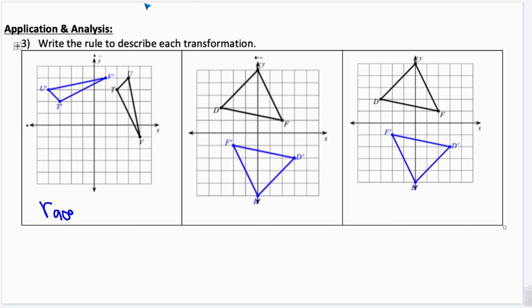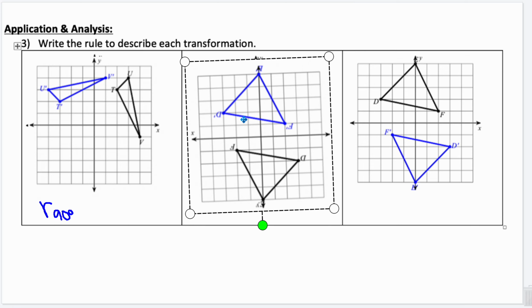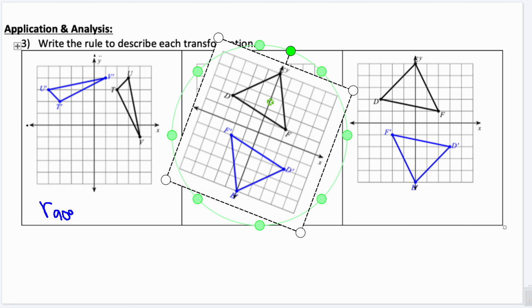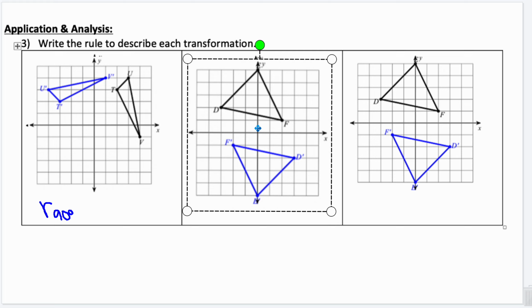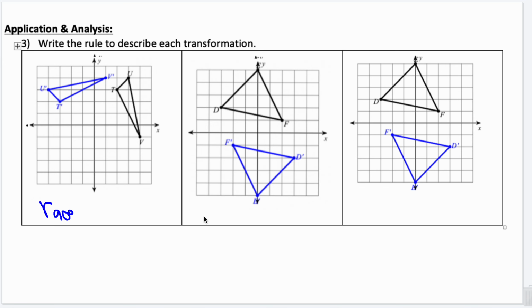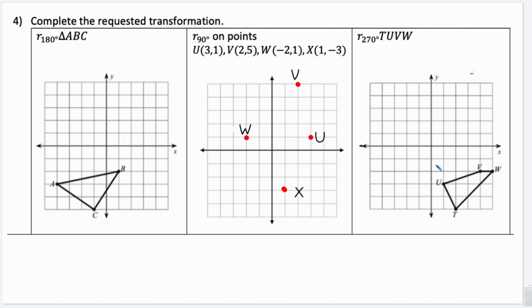Yep. So that's going to be a rotation of 180 degrees. And it is my bad that is the exact same question here, so we don't need to worry about that one. For 4, I asked you to rotate that triangle 180 degrees.